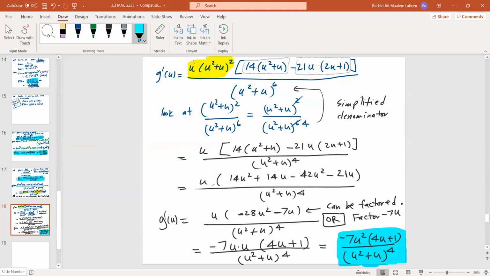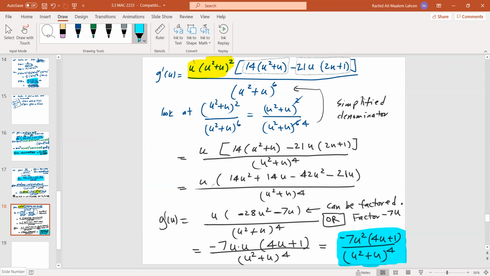And then that allows us to simplify further the denominator, and we go ahead, multiply, combine like terms, then we look at the answer and say, is there something else to do to it? In this case, yes, you can factor a negative 7u, which will make it negative 7u squared. And because we took out a negative, they are going to become positive inside, 4u plus 1. And that gives us a final answer for that one.